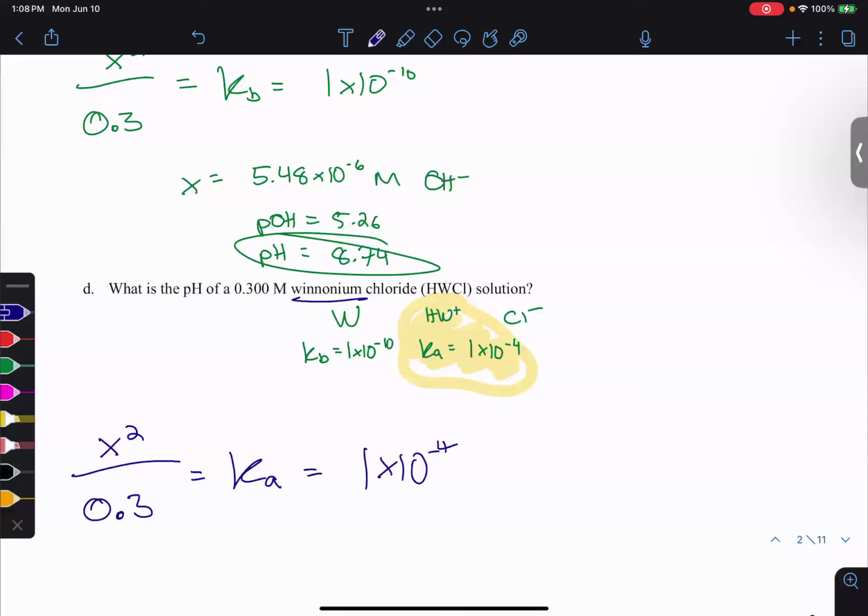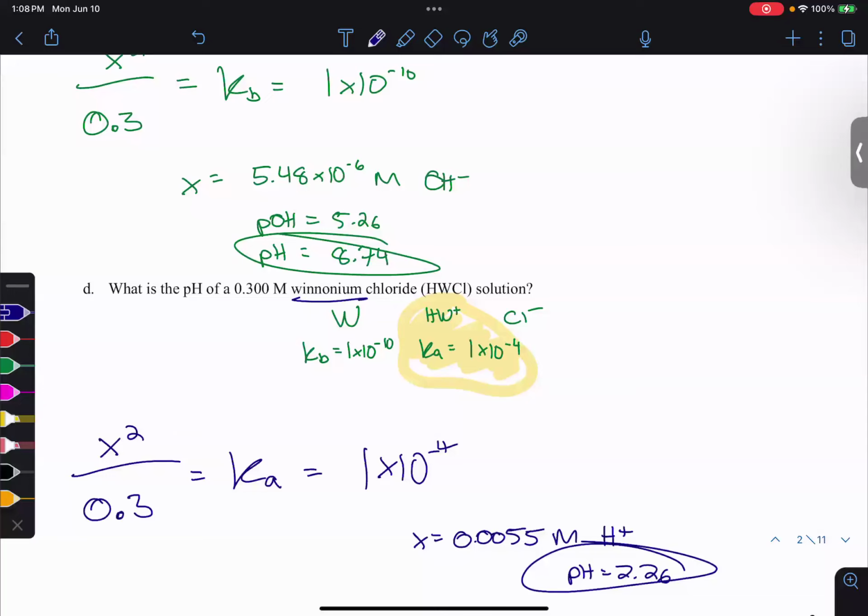So 1e negative 4 times 0.3, take the square root. x is equal to 0.0055 molarity, and this is the concentration of H plus because you used Ka. So negative log of that is pH equals 2.26. You put an acid in solution, it should be acidic, right?